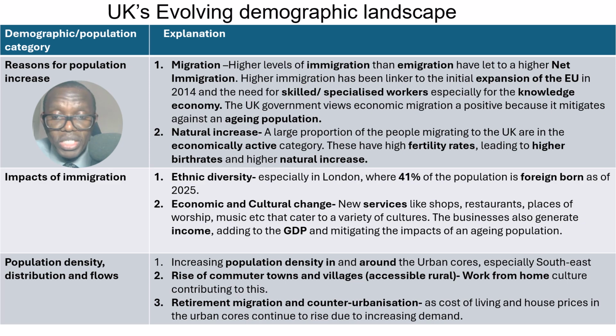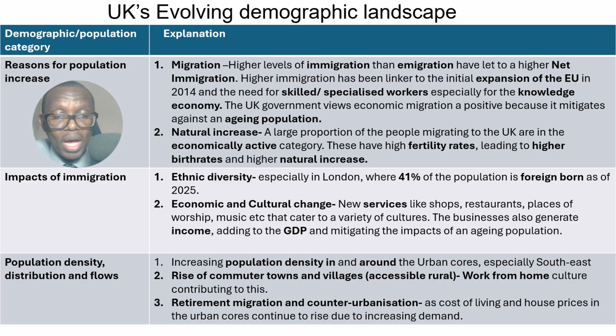So fertility rate refers to the number of children per woman. And they have high fertility rates because obviously they're in that younger category and are likely to have a family, and that then leads to higher birth rates and then to a natural increase within the population.